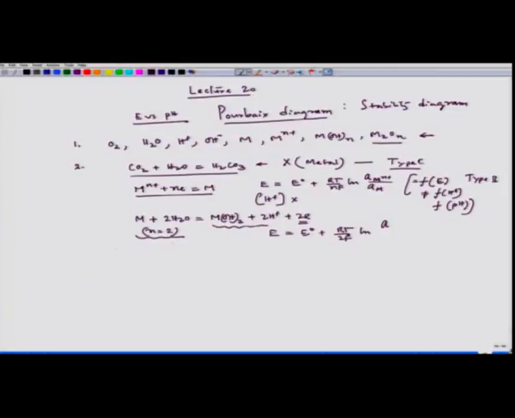So, I can write this reaction in reverse: M(OH)2 plus 2H plus 2e equal to M plus 2H2O. Now here the M has 2 plus, so the 2 plus going to 0. So, it is a reduction.